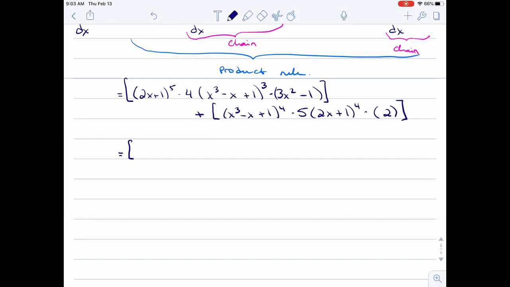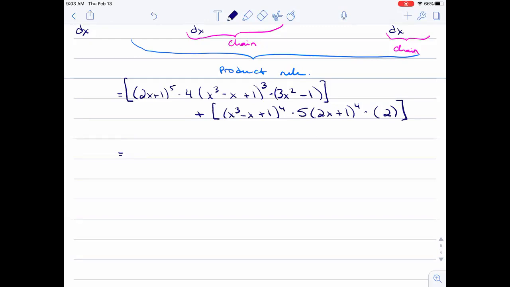Looking at this, I can pull out 5 times 2 in front, but also looking at the combination of the two. So maybe I'm going to skip that step, because I've got a coefficient of 4, I've got a coefficient of 5 and 2.